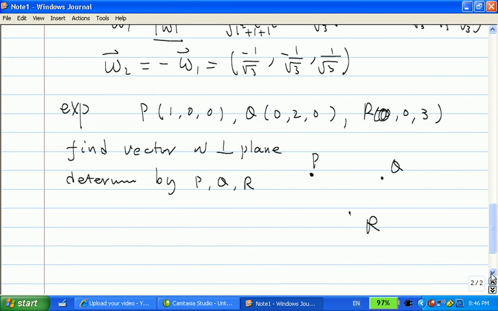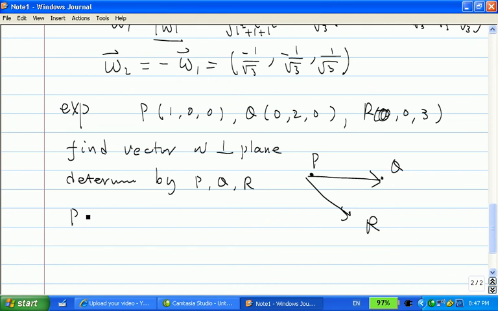Remember, we do the cross product. So first of all, we have to find 2 vectors on this plane. We can easily find vector PQ and vector PR.